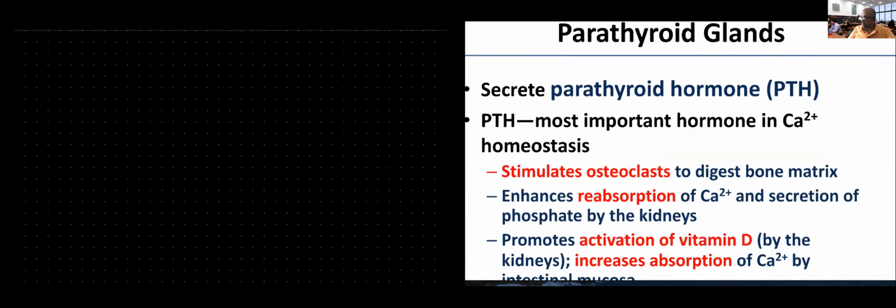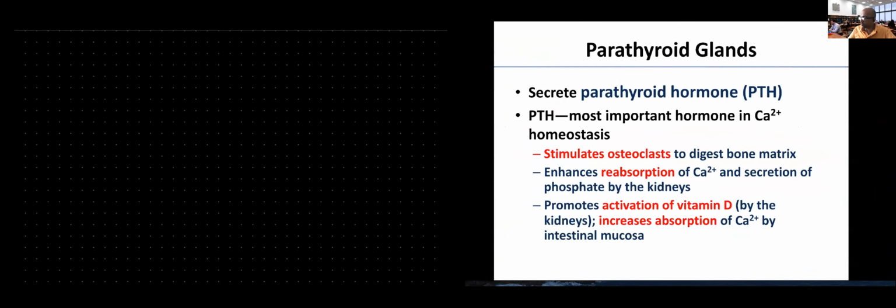The PTH is going to be released from four tiny glands located on the dorsal aspect of the thyroid gland. We call the main function of PTH, it's going to be to maintain the homeostasis of the calcium by increasing the blood calcium level in case of low blood calcium.